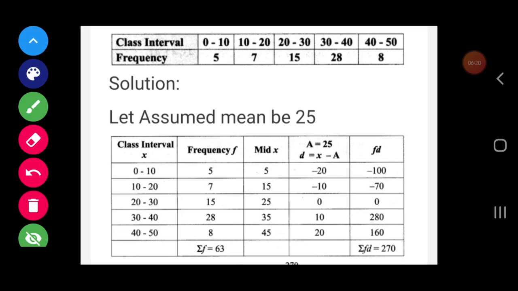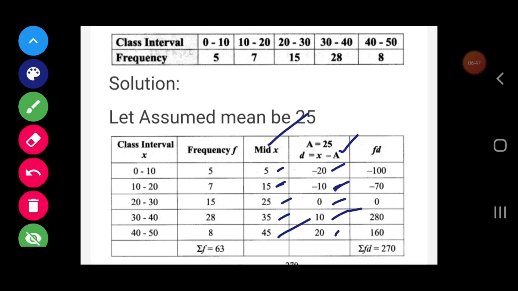Now we need to find the d value by subtracting the assumed mean from the x value. 5 minus 25 will be minus 20, 15 minus 25 is minus 10, 25 minus 25 is 0, 35 minus 25 is 10, 45 minus 25 is 20.